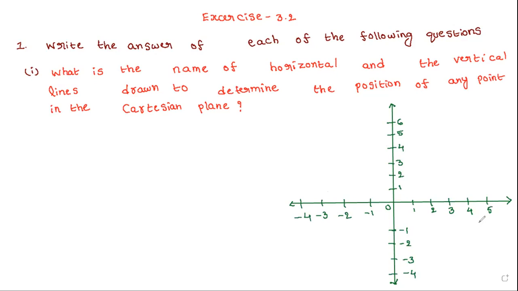So this is called the positive x-axis. This is called the negative x-axis. This is the y-axis: this is the positive y-axis, and this is the negative y-axis.